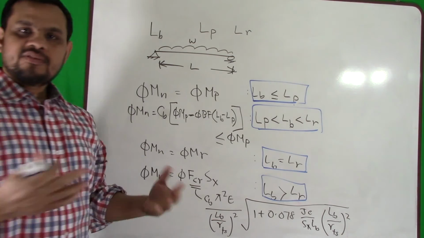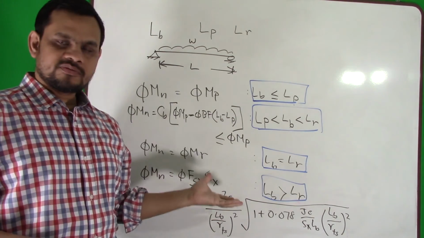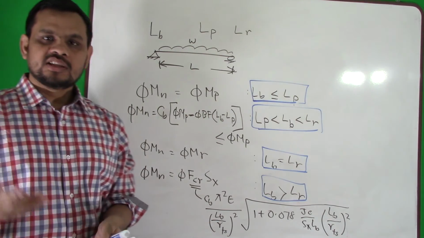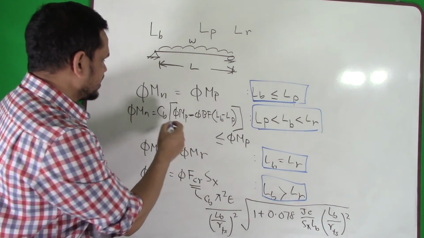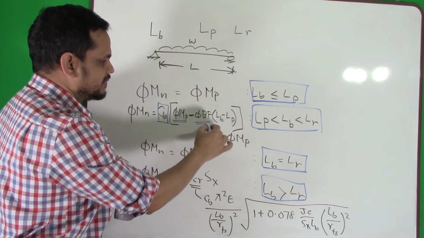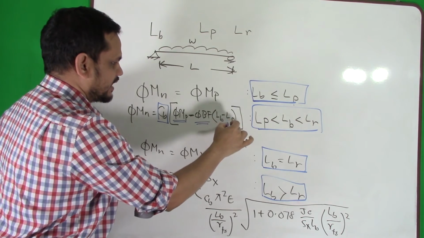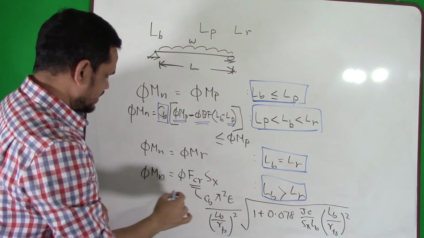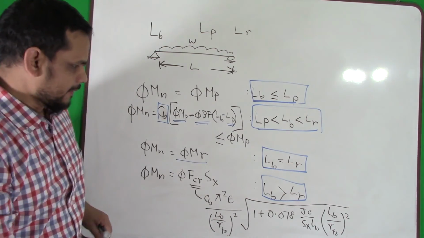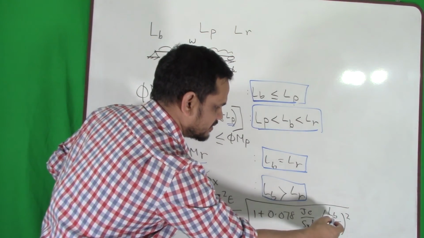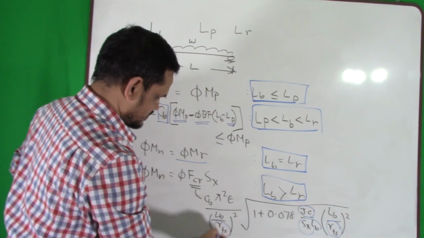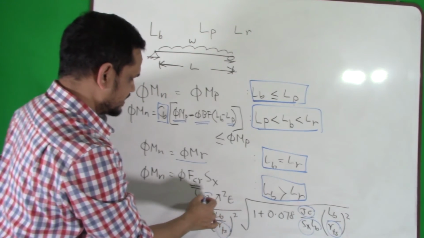Now, in your exam, if the question comes from here, they will give you a small table so that you can grab some values. What are the values we can find from the table? We can find the value of Cb, the value of Mp, BF, Lp, and then we can find all of these values.